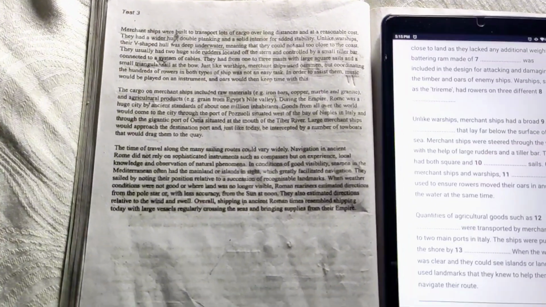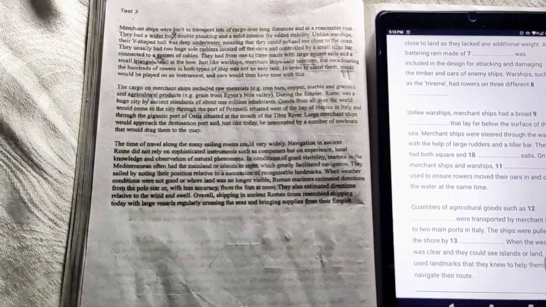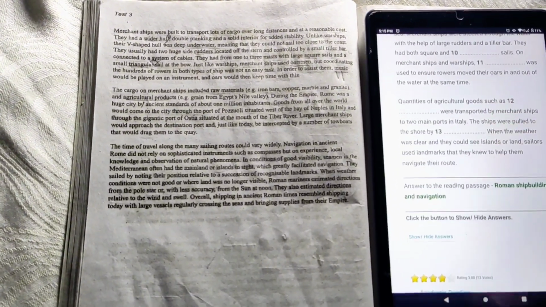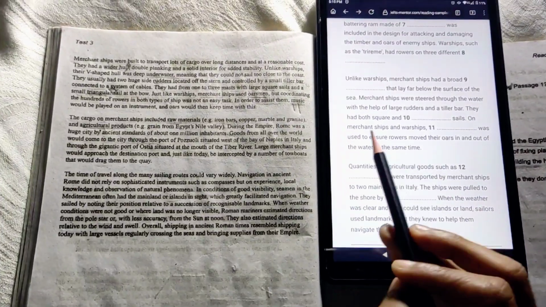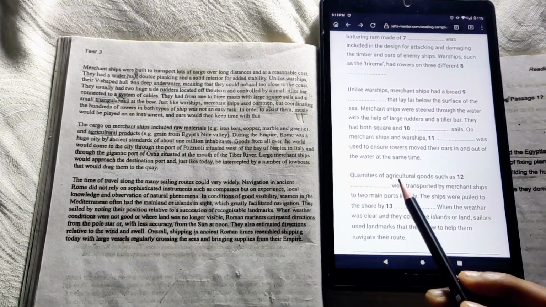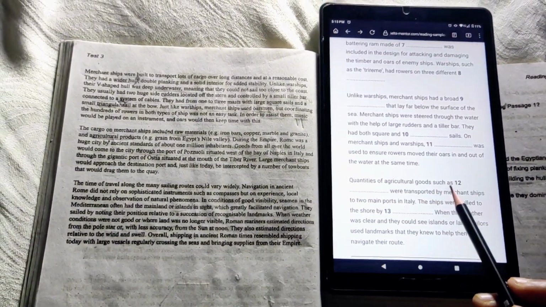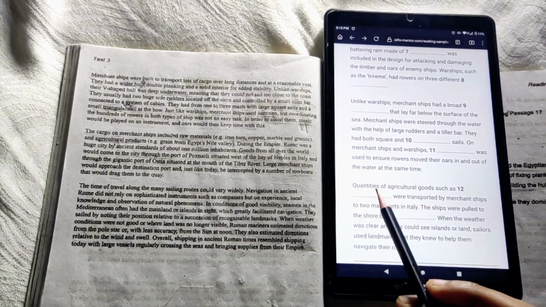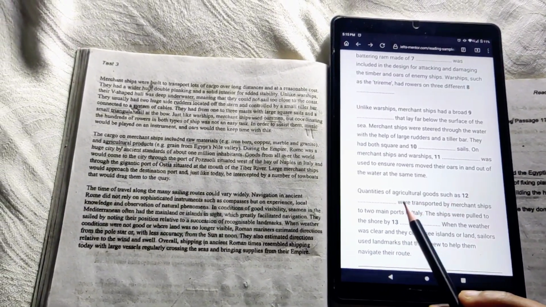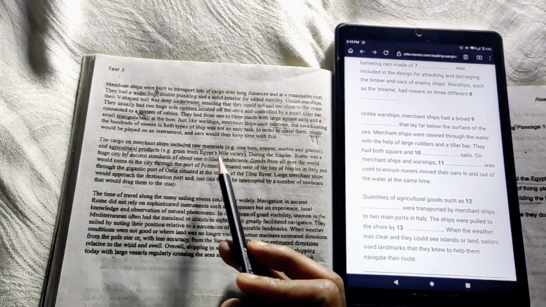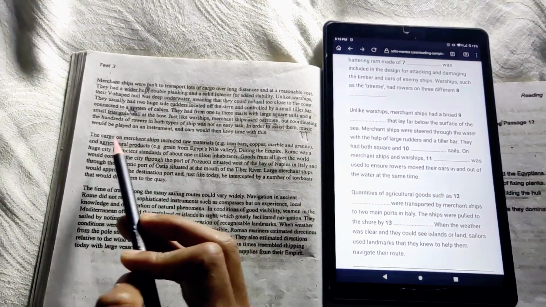So moving on, we need to solve number 12. Quantity of agricultural goods such as: so there are agriculture products, and there are examples of these products. We need to read from there.